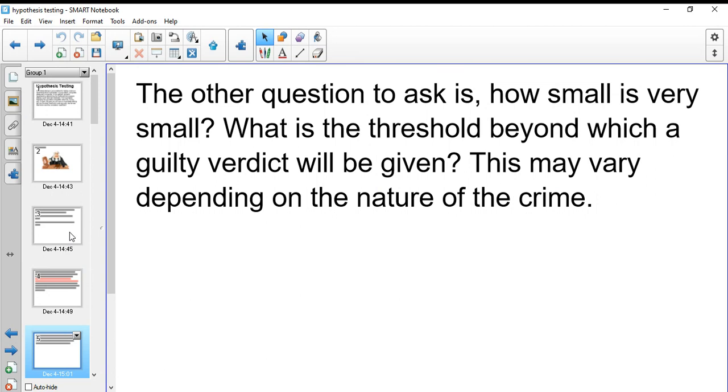But what we need to consider is how small is small. The chances of finding evidence has got to be small, but what is small? Well, in hypothesis testing, we use actual values, and you'll be given the actual value in the question.